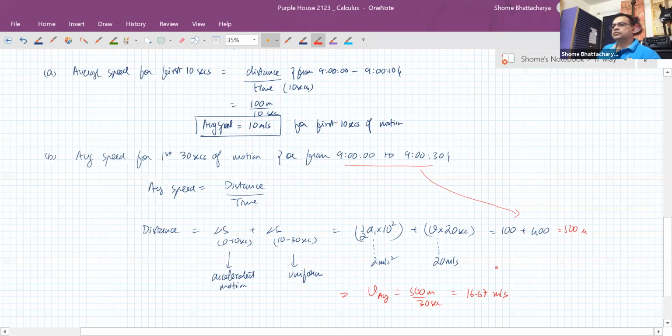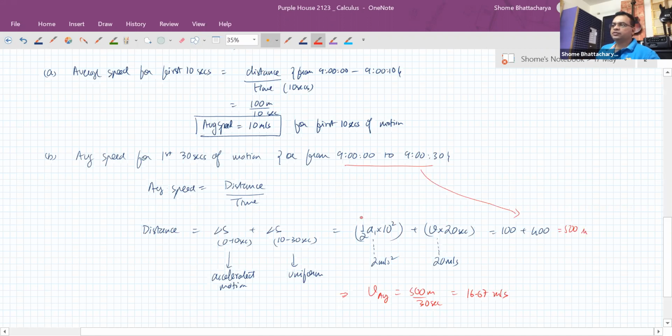Sir, can you explain the distance part again? So 30 seconds we are saying. Now that 30-second interval, you have to break it into 10 plus 20. Why? Because the quality of motion is changing. In the first 10 seconds, you are having accelerated motion, and from then onwards, you are having motion at uniform speed. So how will you calculate the total distance traveled in 30 seconds?